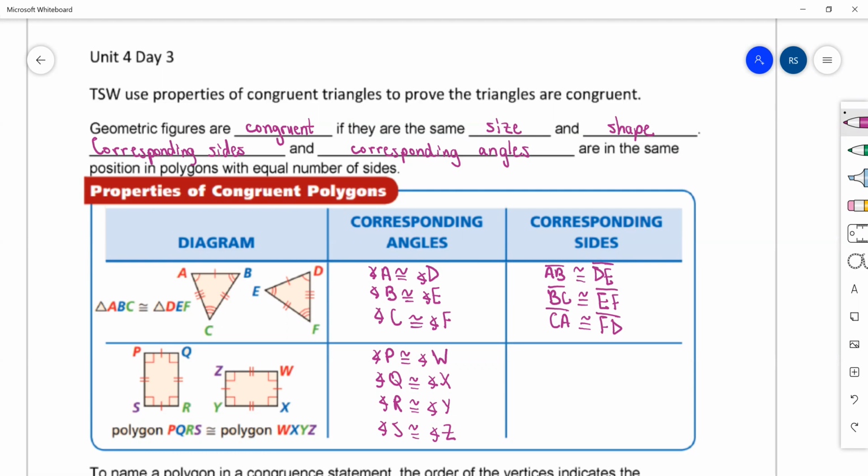Now we need to do the corresponding sides. So I'm going to say segment PQ is congruent to segment WX. And then I'm going to say QR is congruent to XY.